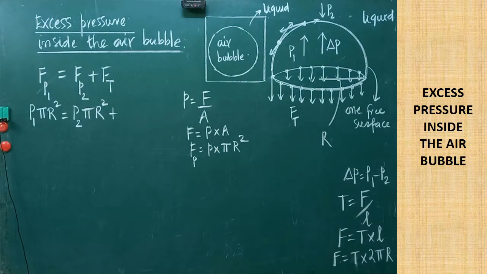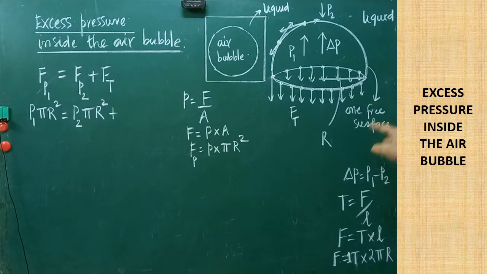Any doubt in this? And a very important thing is, in the case of an air bubble, only one free surface is there. This is the only free surface which does not have any contact with anything that is inside. So only one free surface is there. Therefore, here 1 must be written. If two surfaces are there, we write 2.